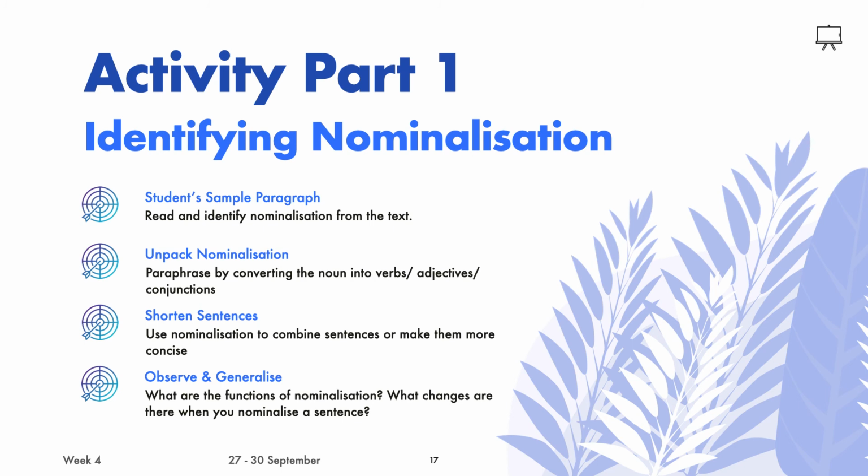But now we are going to identify nominalization and try to unpack it into a sentence or into sentences. And then the third question would be about how you are going to shorten a sentence with nominalization so that it looks more concise.